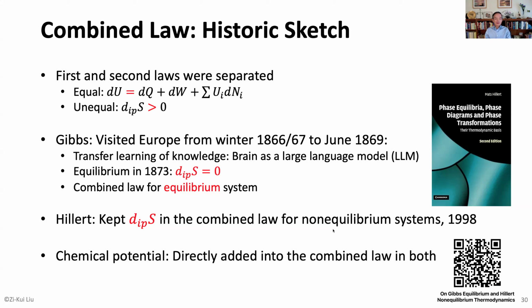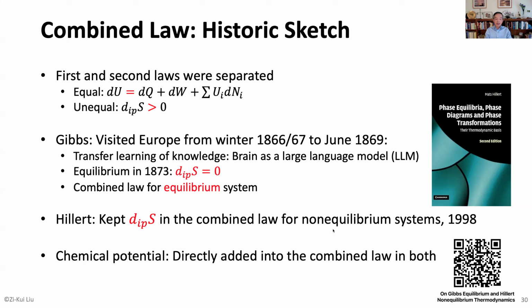However, in both Gibbs's publications and Hillert's publications, the chemical potential of individual components was directly added into the combined law. So it was not clear how the chemical potential was introduced.